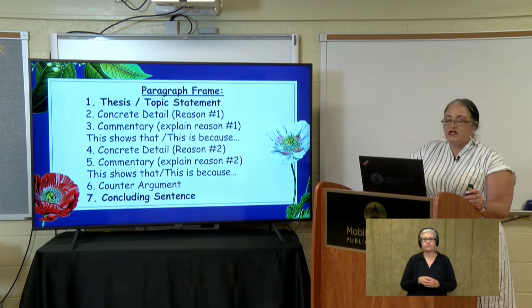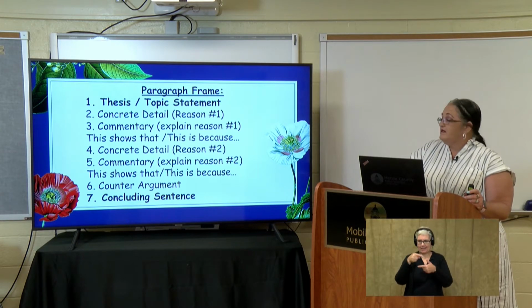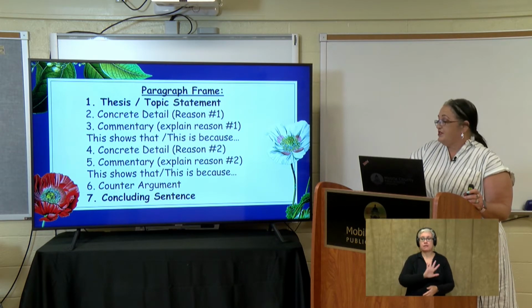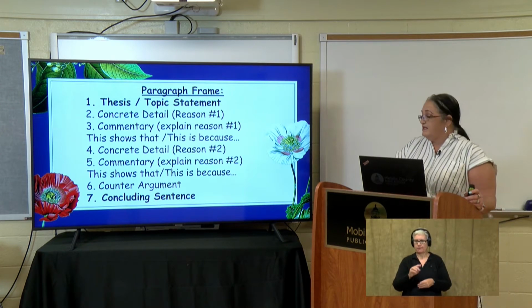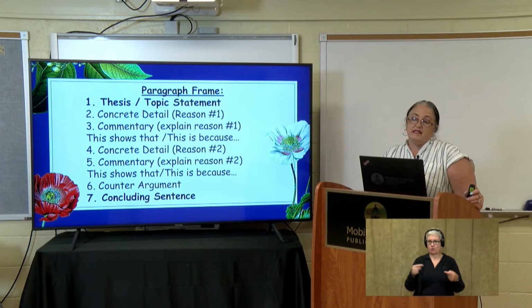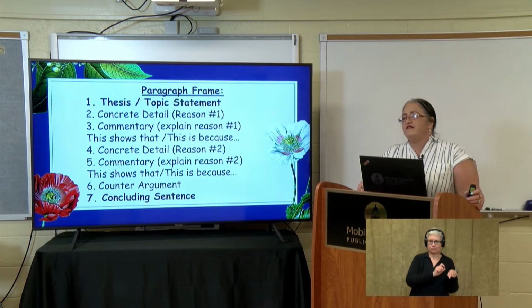Next, you have another concrete detail, your reason number 2. Then your commentary, explaining reason number 2, using those same sentence starters, your counter-argument, and then your concluding sentence. Now, if we were writing an argumentative essay, say a 5 to 7 paragraph essay and not just the simple paragraph, these would actually turn into paragraphs instead of sentences.